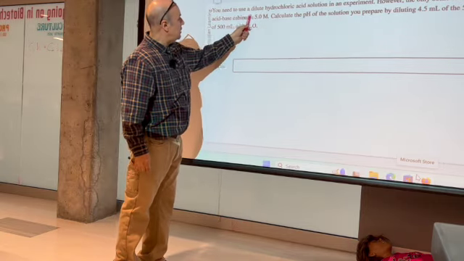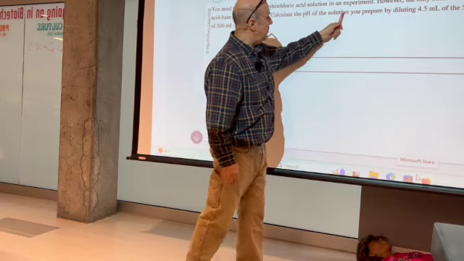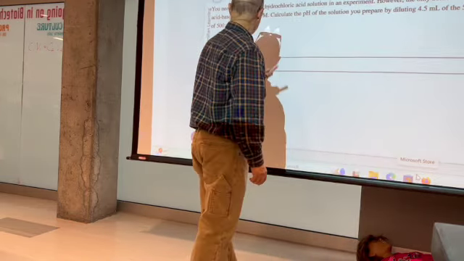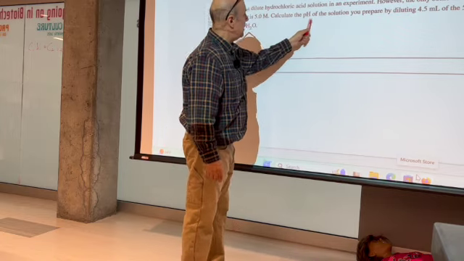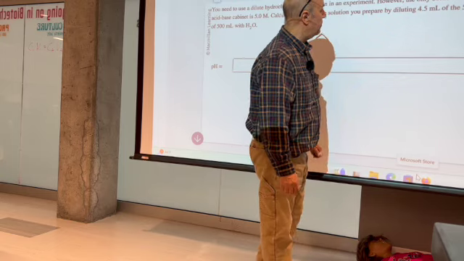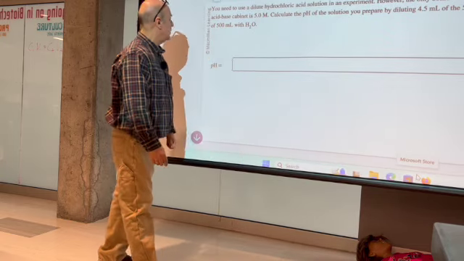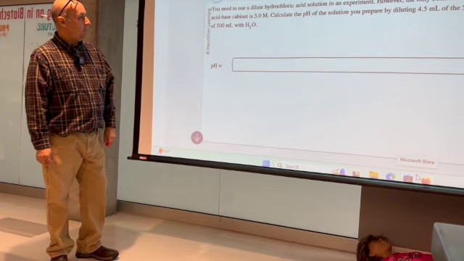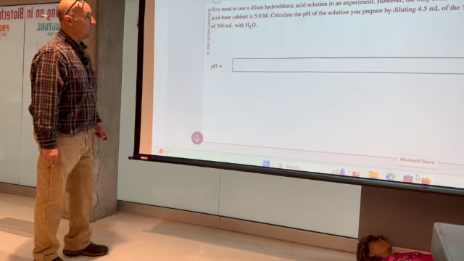Let's take a look. You need to use a dilute hydrochloric acid solution in an experiment. However, the only bottle of hydrochloric acid in your lab is 5 molar. Calculate the pH of the solution you prepare by diluting 4.5 milliliters of 5 molar to a final volume of 500 milliliters. So a simple application of that equation, right?